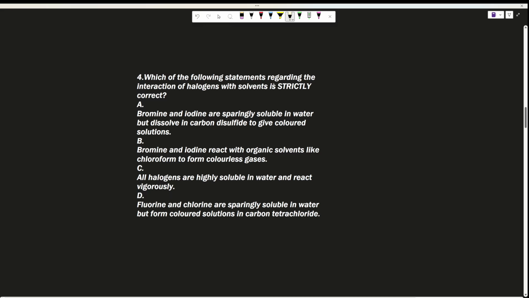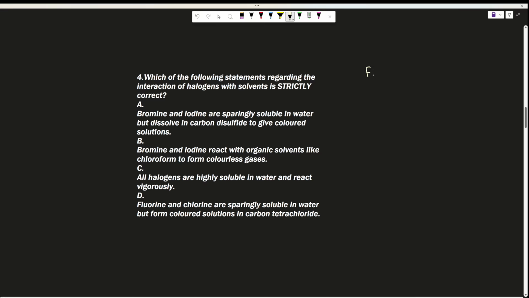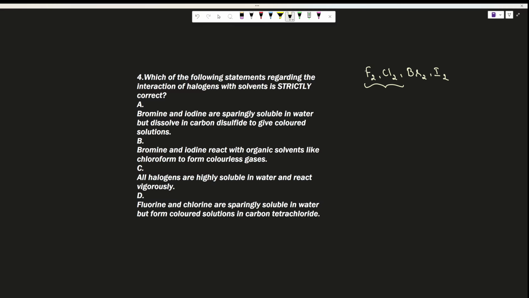Which of the following statements regarding the interaction of halogens with the solvents is strictly correct? So when you take these halogens, say F2, Cl2, then Br2 and I2, fluorine and chlorine react with water. That means fluorine is highly vigorous in reaction.